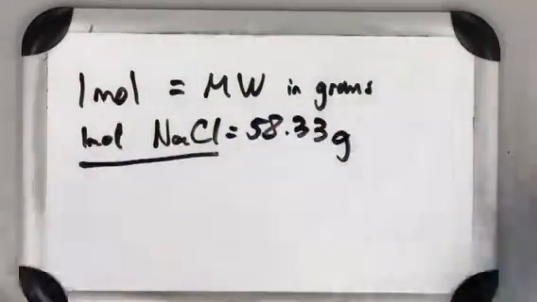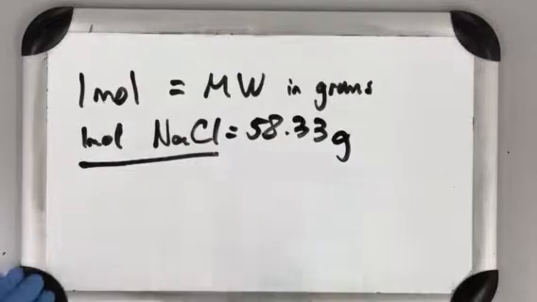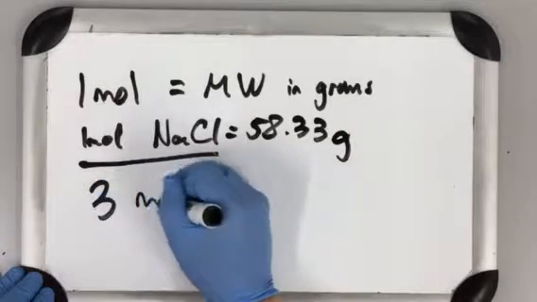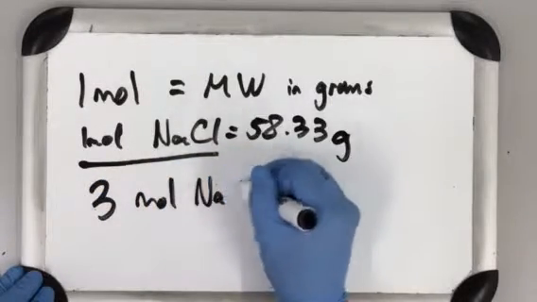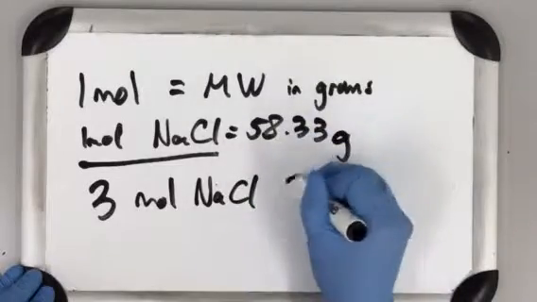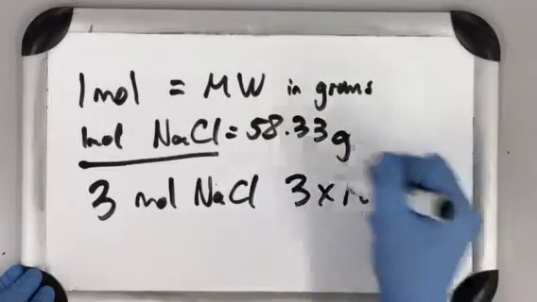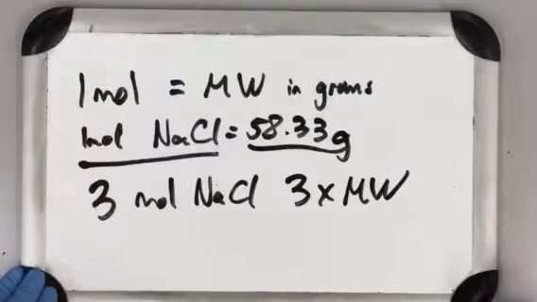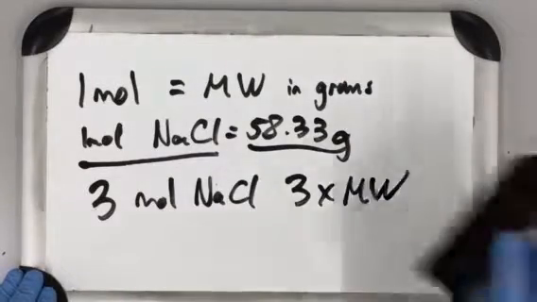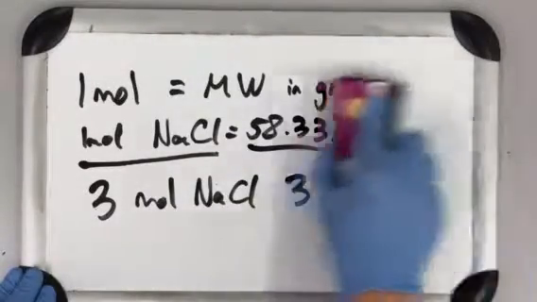And you can add up molecular weights. I don't think you're going to have to, but that means that 3 moles of NaCl is going to be 3 times the molecular weight, whatever 3 times this number is. I don't have my calculator. And you won't need to do complex stuff like that, so you should be fine.